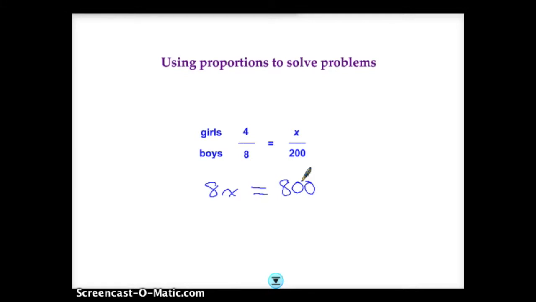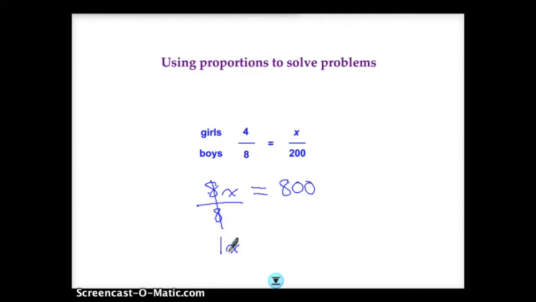In other words, what that equation is saying is 8 times a mystery number equals 800. And I'll bet you know what that mystery number is, of course. But doing this algebraically, what we'll have to do is separate the number from the variable. So if I divide this by 8, I'll get 8 divided by 8, which will cancel those out and it'll be 1. I'll be left with 1x.